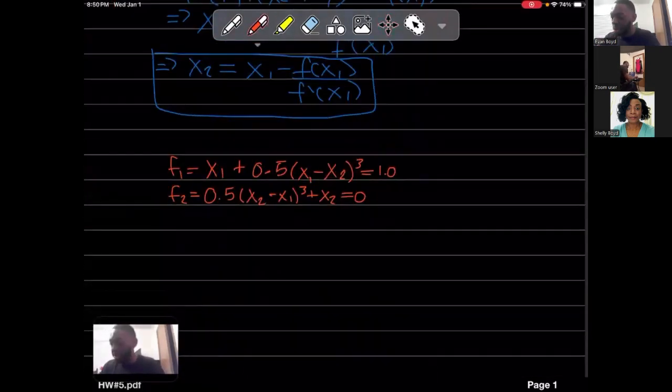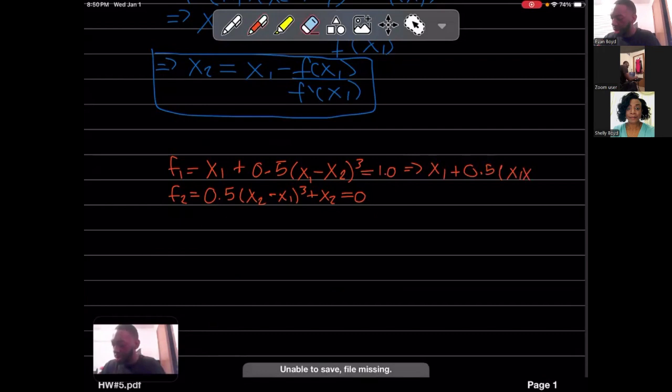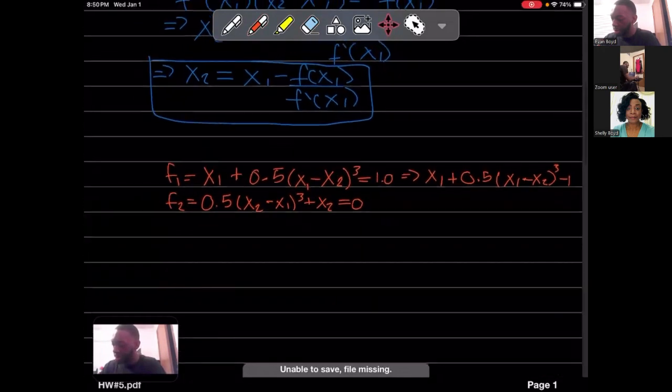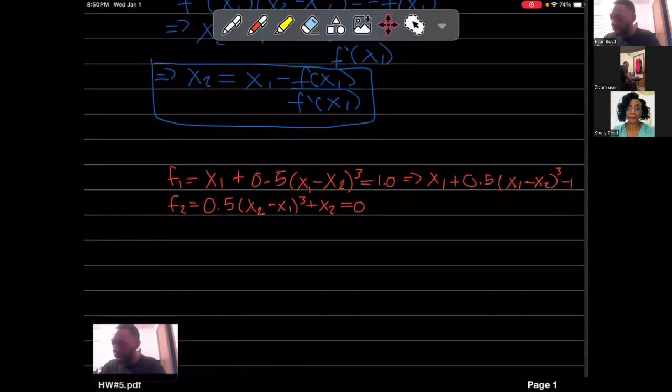What we first need to do is relate both of these to zero. So we can say that x1 plus 0.5 times (x1 minus x2) cubed minus 1 is equal to 0.